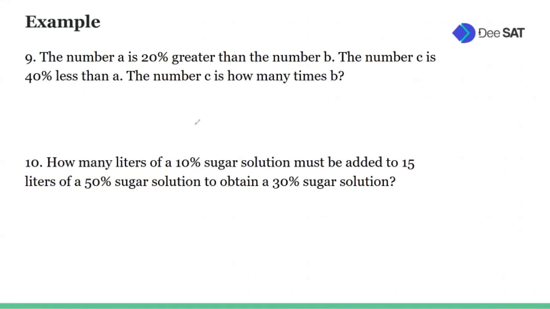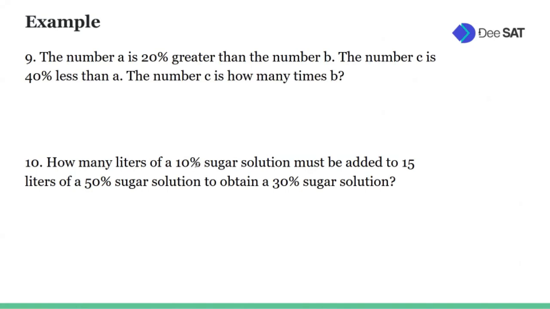Now just have a look at the question number 10. It says how many liters of a 10% sugar solution must be added to 15 liters of 50% sugar solution to obtain a 30% sugar solution. So this is the basic criteria that has been given.